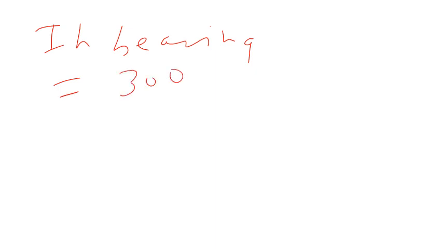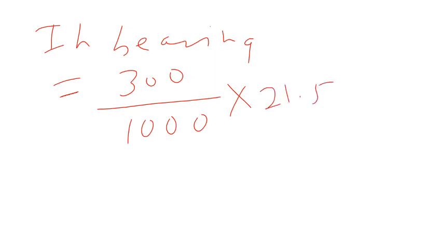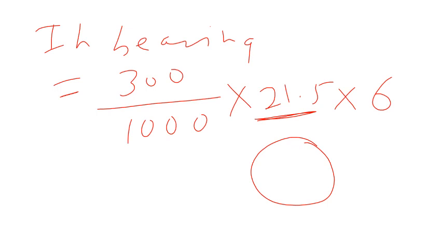Then in bearing, this will be given by the rivet value in bearing. So permissible stress 300, again divided by 1000 to make it in kilonewton, and this will be a little different, 21.5 into 6. So this is the diameter and 6 is the thickness.